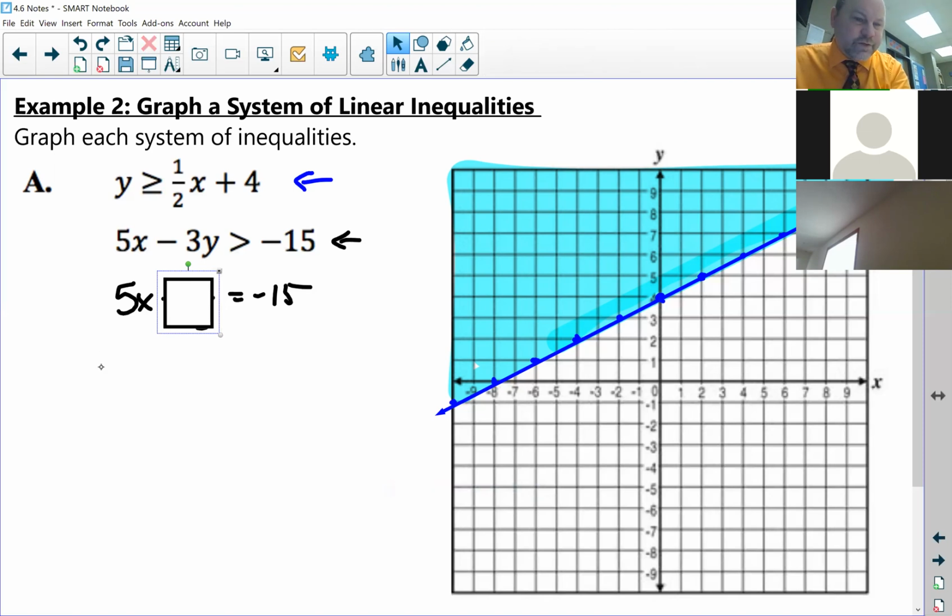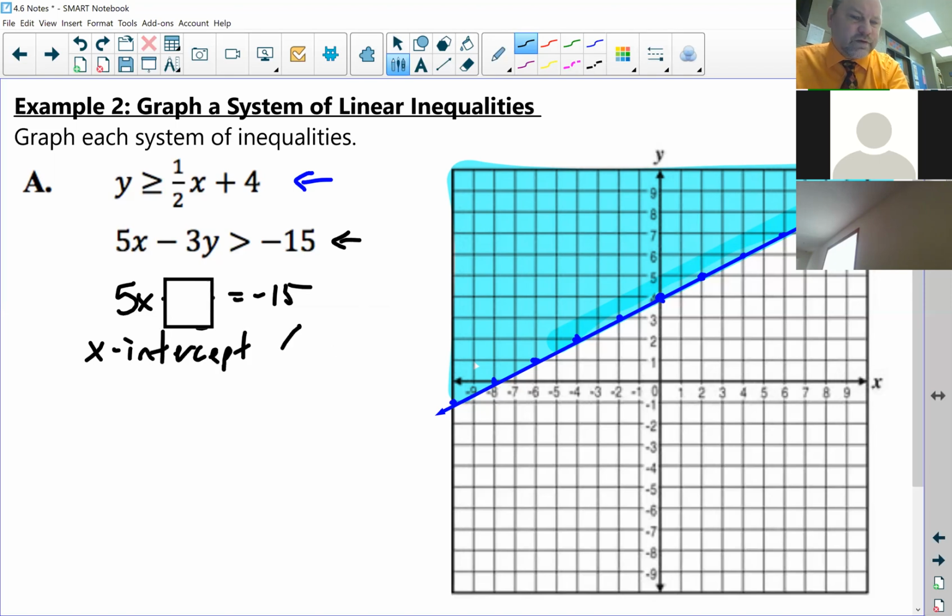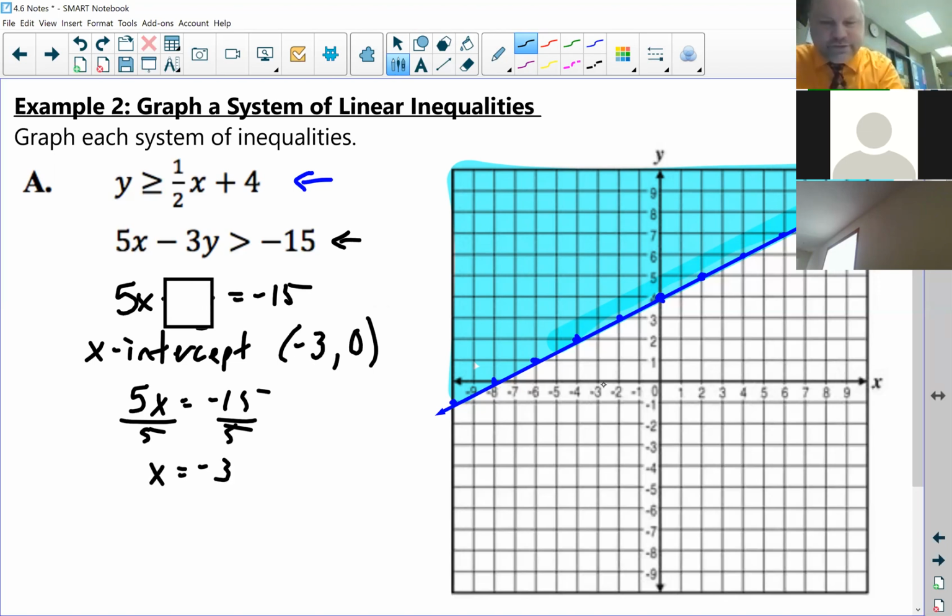So my x-intercept is the point where y is 0. And my x value is -3, so I can plot that point.